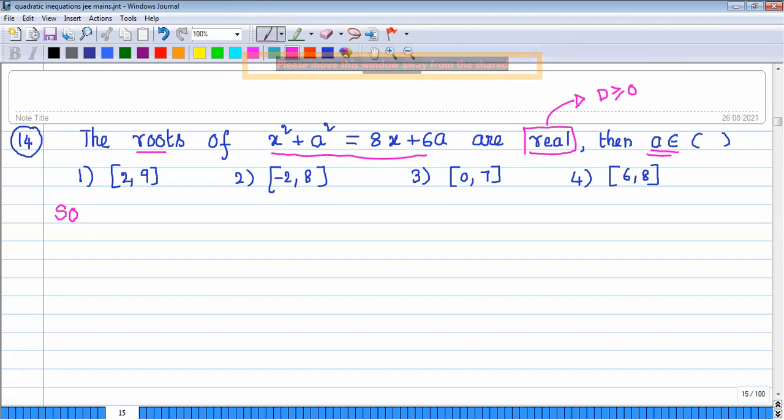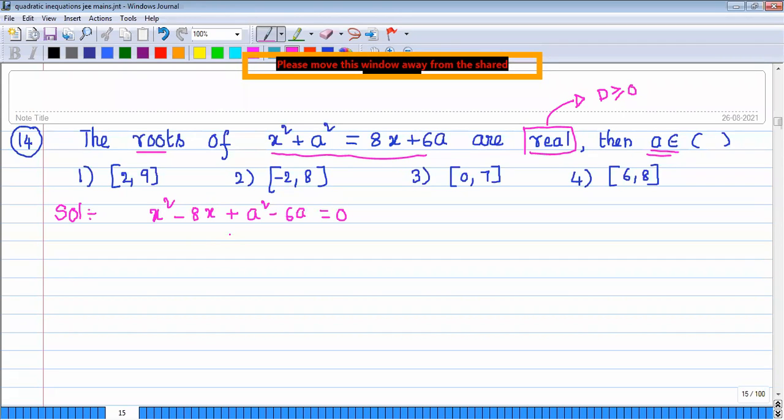So now, first let us rearrange this one. x square minus 8x plus a square minus 6a equal to 0. So it is a quadratic equation in x whose roots are real.